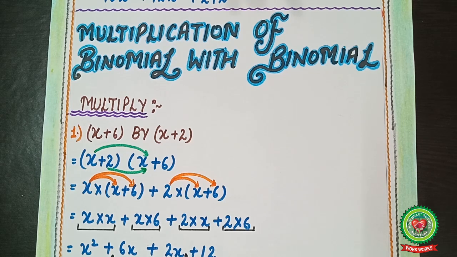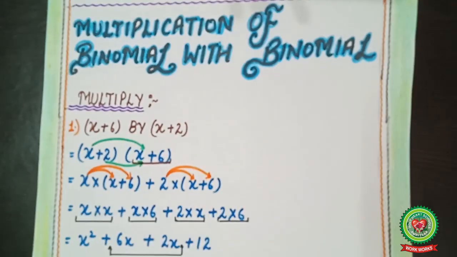So now how to multiply it? So here you will write x plus 2 at the first place and x plus 6 at the second place, right? Now how to multiply it? Again, you have to multiply x with the second bracket, right? Like this, I will write here x. You will multiply it with the complete second bracket, right? And here you will write plus 2.